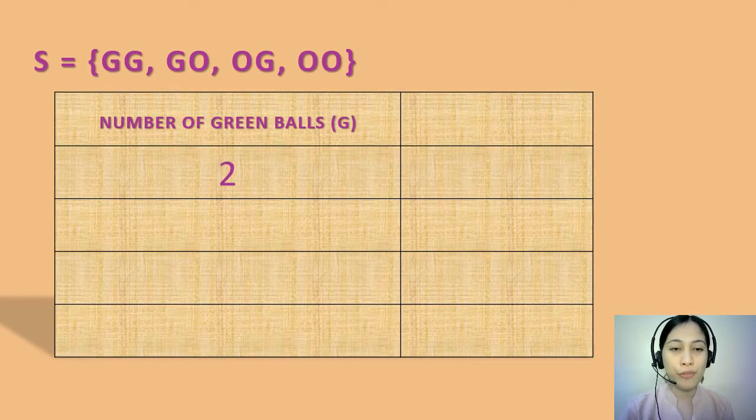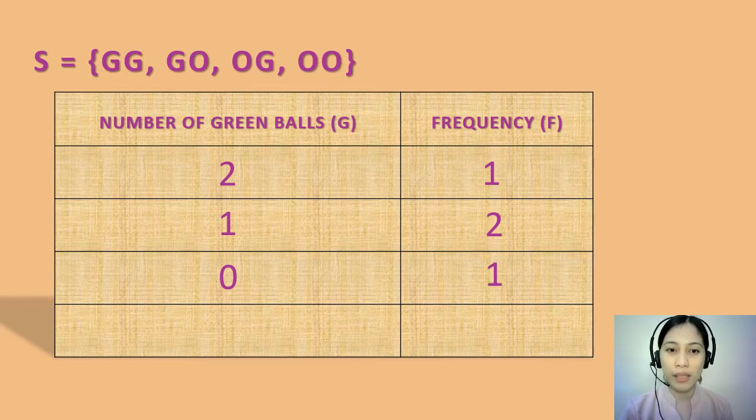We could have 2, 1, and 0. The frequency whereas 2 green balls will be drawn from a jar will be 1, 2 if 1 green ball is drawn from the jar, and 1 if there is none. So the total frequency is 4.